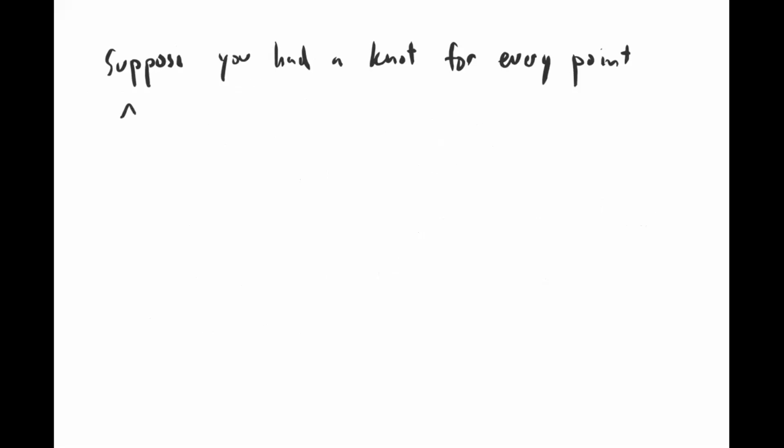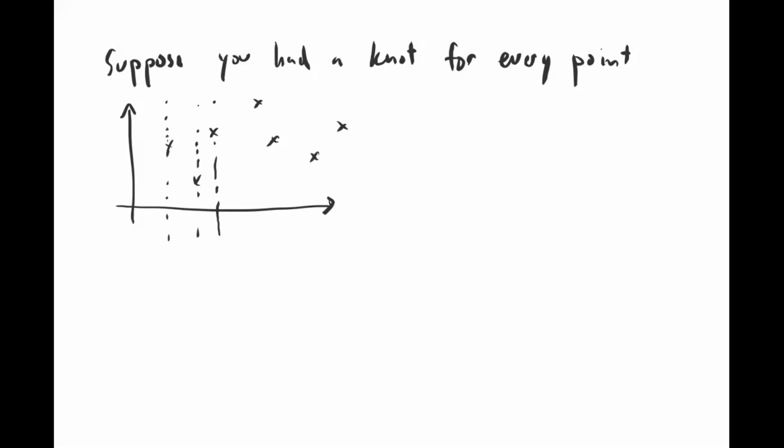So that might look something like, if I had some series of points, if I had a knot at every single x in my data, then you can imagine that the spline function would do something like that, or it could do something like that, right?